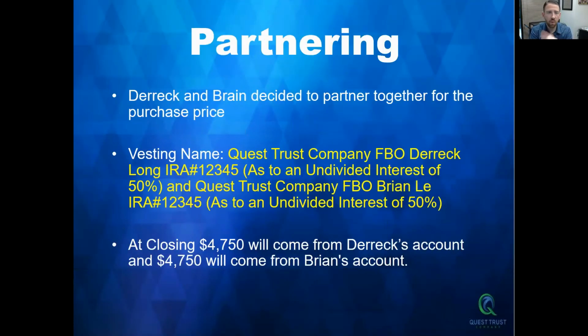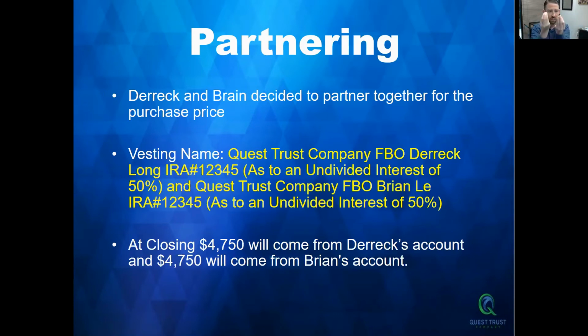So when we went through this process, me and Brian, we both partnered our retirement accounts together to do this type of investment. All right. When you physically read the contract, it read like what you see right there on the screen, those yellow letters, Quest Trust Company for the benefit of Derek Long, IRA, 1, 2, 3, 4, 5, as to my percentage, which happened to be 50%. So I own 50% of the land inside my retirement account. And notice Quest Trust Company for the benefit of Brian Lee as to an undivided interest of 50%.